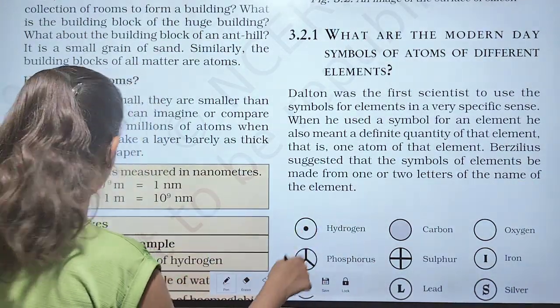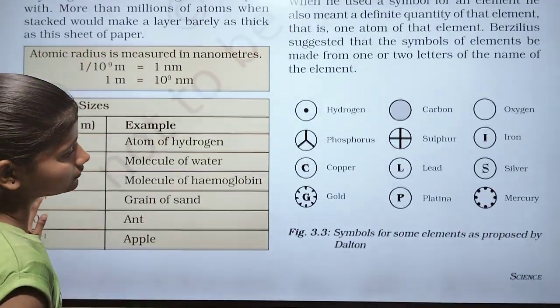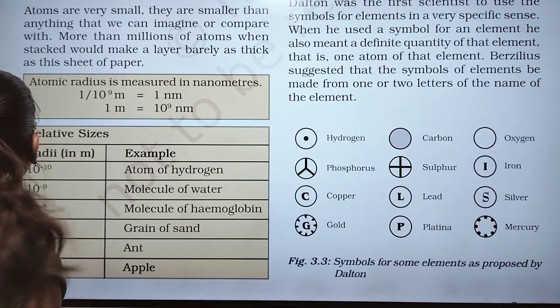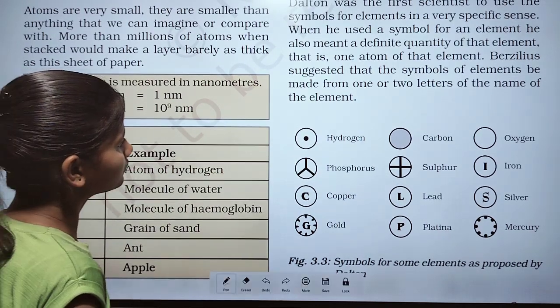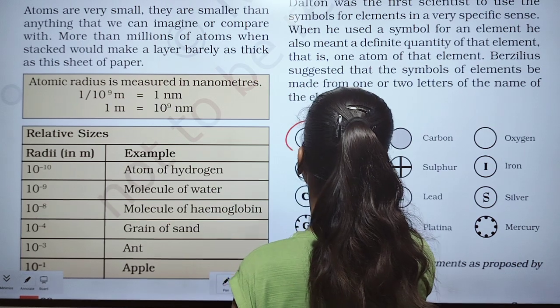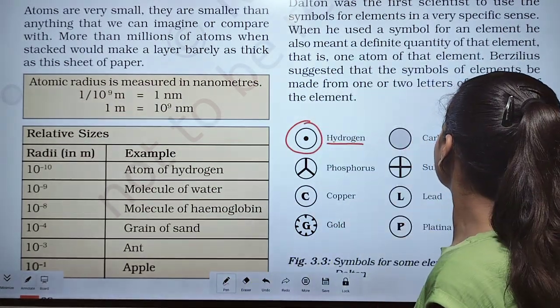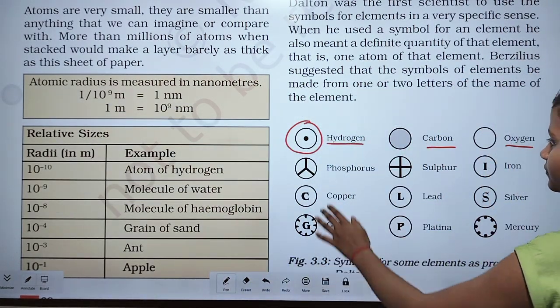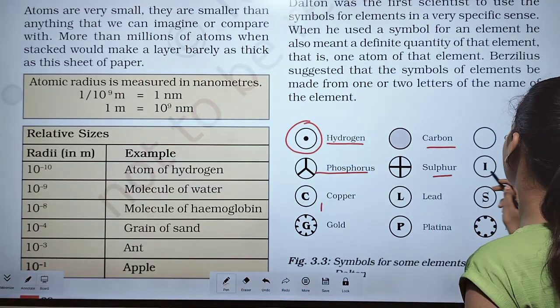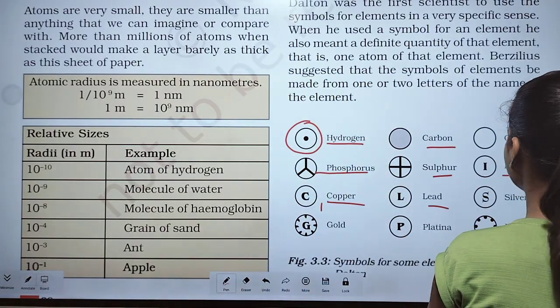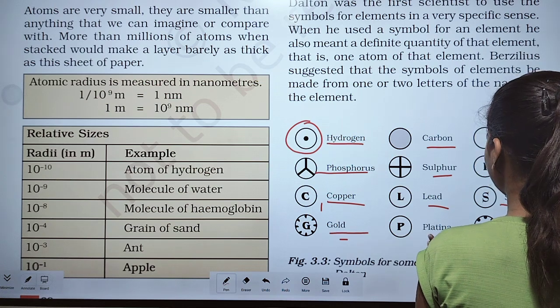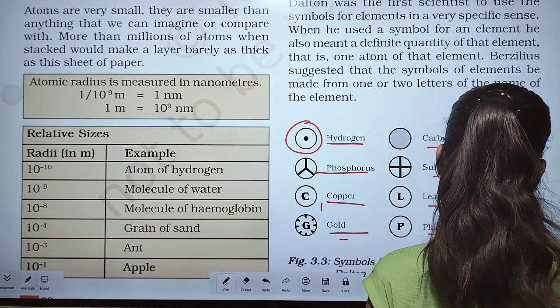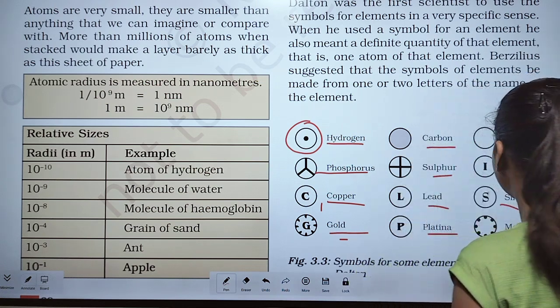Here are the symbols of some atoms. This one is the symbol of hydrogen, carbon, oxygen, phosphorus, sulfur, iron, copper, lead, silver, gold, platinum, mercury.